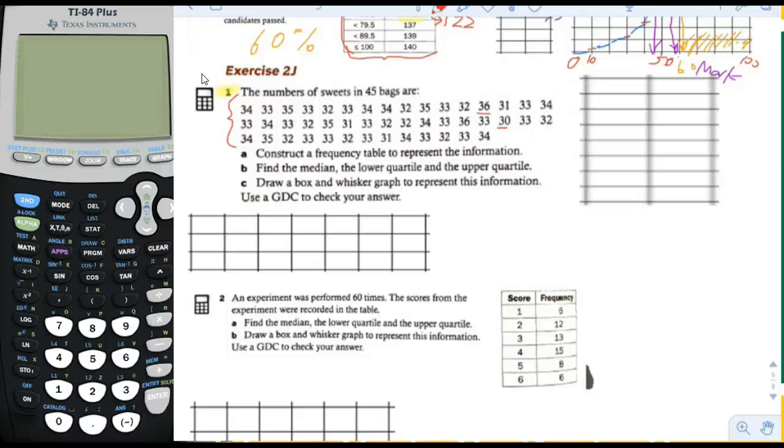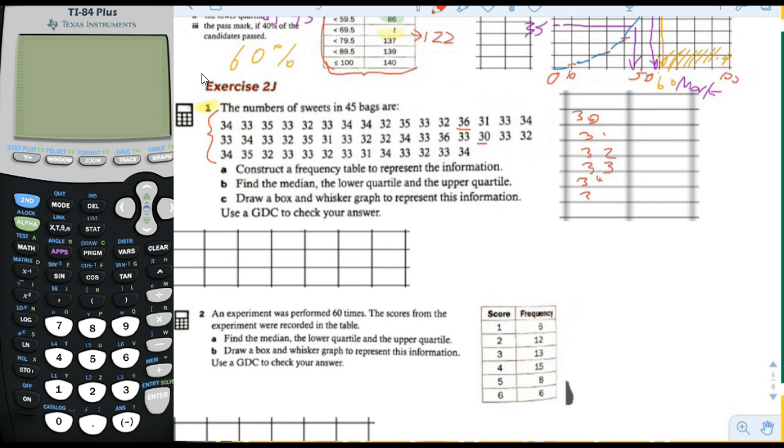Okay, so let's see. The smallest value we said was probably a 30, and then 31, 32, 33, 34, 35, and 36. Okay, and then we're going to put the frequency of each number of candies, and then on the left we can just put that that's the number of sweets.